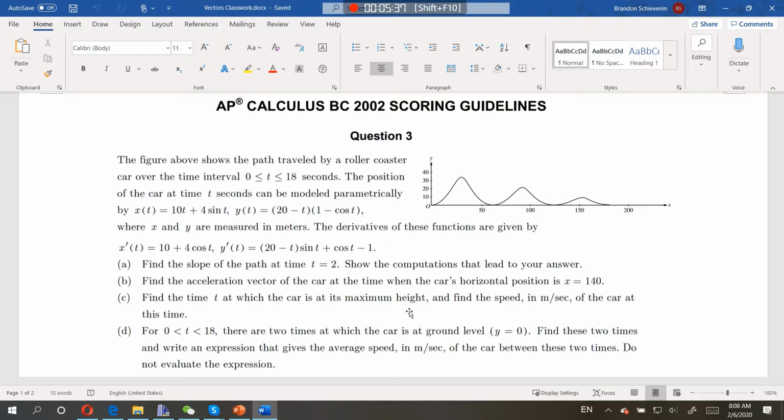Okay, so I'm going to start with this racetrack one, or roller coaster rather. So we've got this path traveled by a roller coaster from 0 to 18 seconds. The position can be modeled parametrically with these 2 equations, x of t and y of t, where x and y are measured in meters. Their derivatives are given here. The first thing I want to do is find the slope of the path at the time t equals 2.